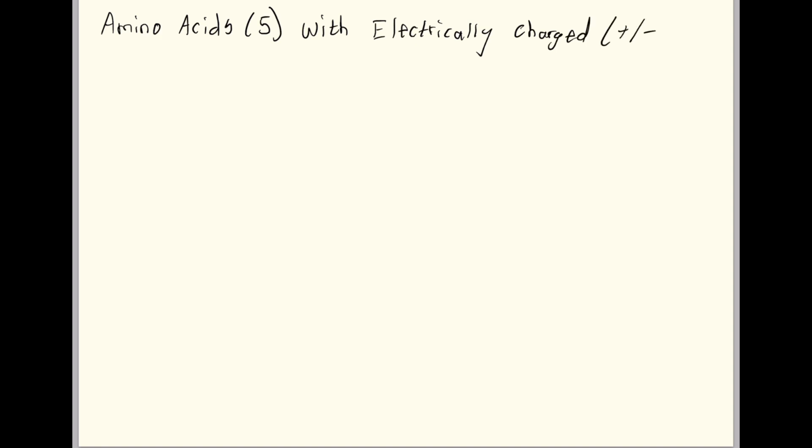It's called the amino acids, which are 5 of them, with electrically charged, that's plus or minus, side chains. So there we go. This is what we're going to talk about in part 2 of the video.